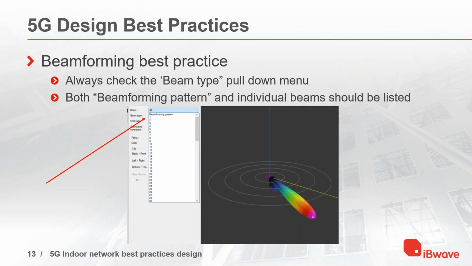You can still do SS-SINR and PDSCH SINR, but those calculations are not going to be reliable. They're not going to be valid. So your sanity check is to double click on each part, go to view antenna pattern, and check that both beamforming patterns and the individual beams are defined.